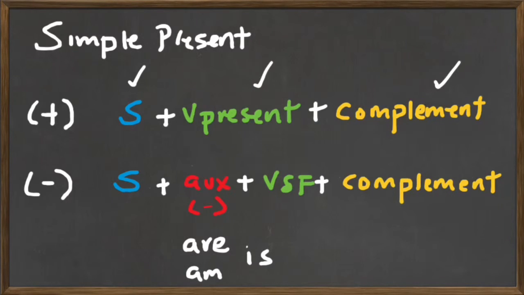Don't forget that I is for am, we, you, and they use are, and is for he, she, and it.